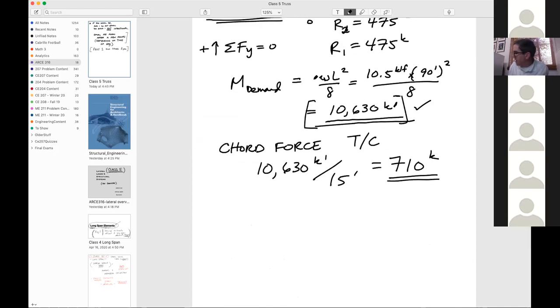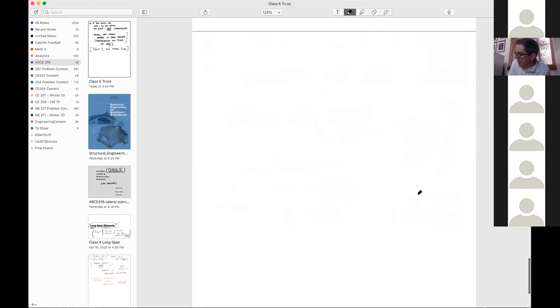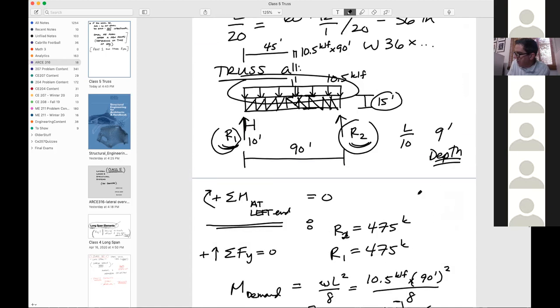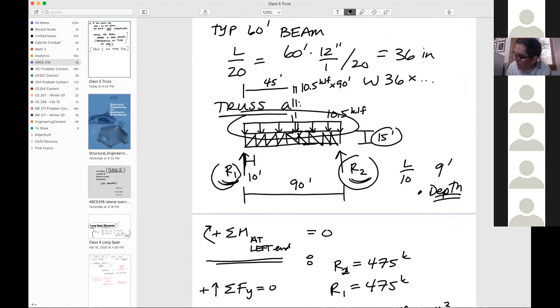And so we're going to then have to design, all right, we're going to go in compression. And this is where, from the framing here, we've got the length is 10 feet. So if we go back here, what we are designing is the very middle member. That would be where the compression is the largest, right?